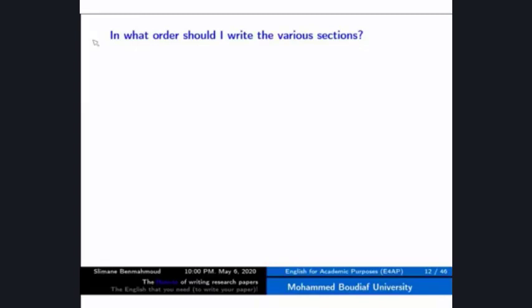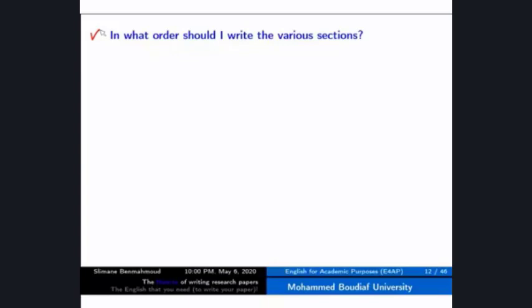Let's take another question. In what order should I write the various sections of my paper? This is a frequently asked question. People always ask this question. Should I start with the abstract or the introduction or go to another section?